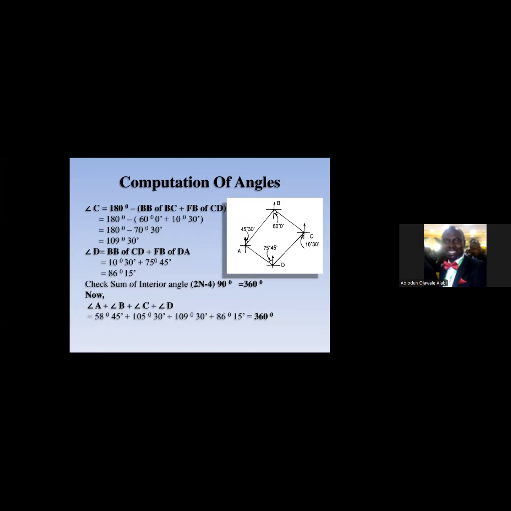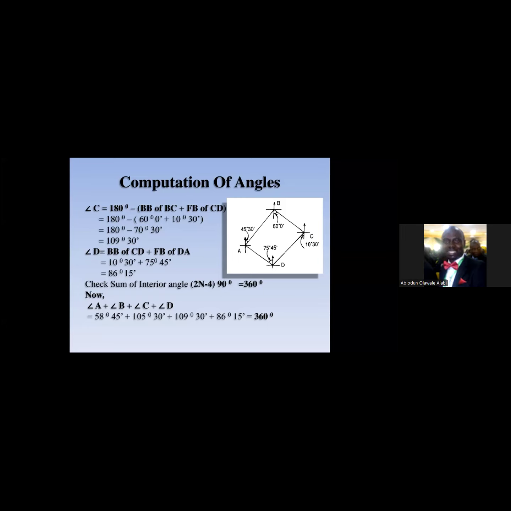So can you see what they are doing here? The sum of exterior angles of this shape now equals 360. This is a rectangle shape, and the sum of interior angles in a rectangle is 360.